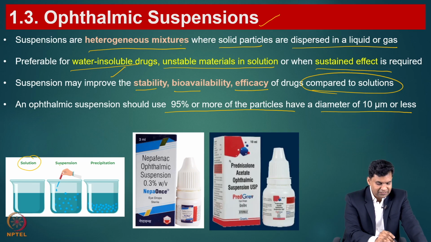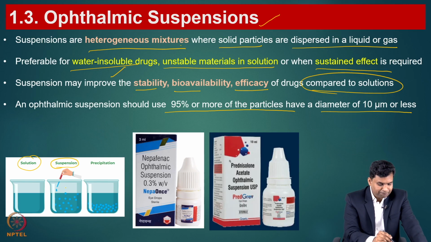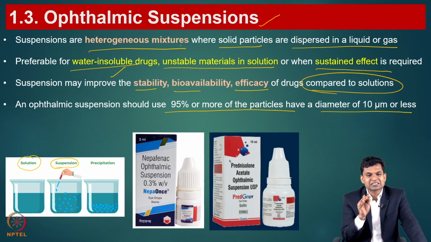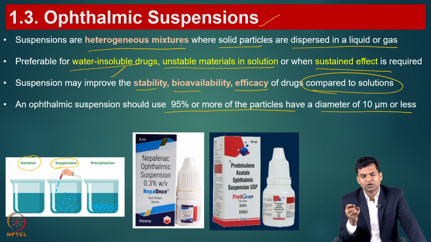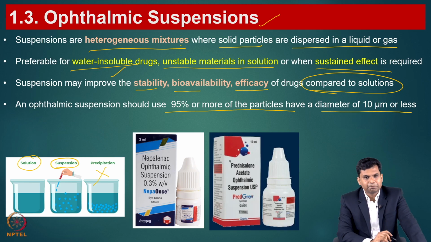Now, here you can see the suspension. The property is that your particles need to be suspended in the solution. That means we add some flocculating agents, so your particles will remain suspended in the medium. Otherwise, this is not a good property for the suspension.